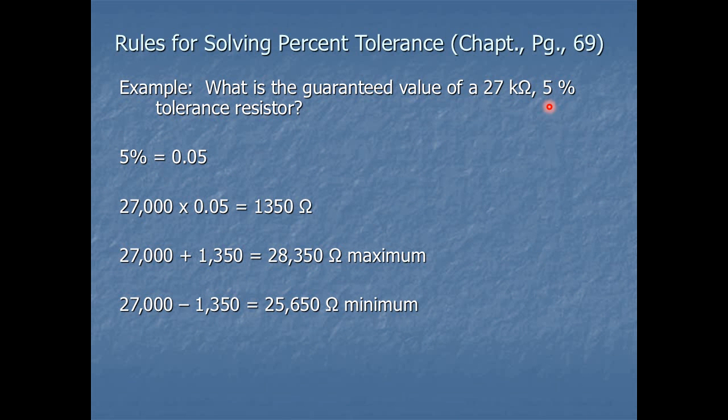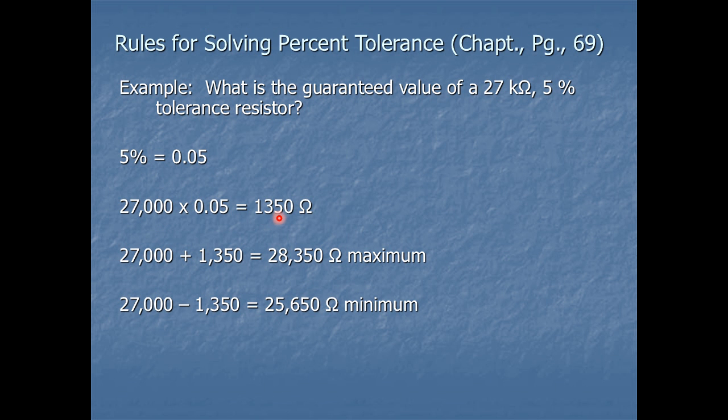Now, if somebody wants to know what the range will be, because it's not giving you exactly 27 kilo, instead it is giving you a range of resistance, what is the range? All we do is convert the 5% into a fraction and then multiply that 5% with the 27 kilo, to get the nominal value.